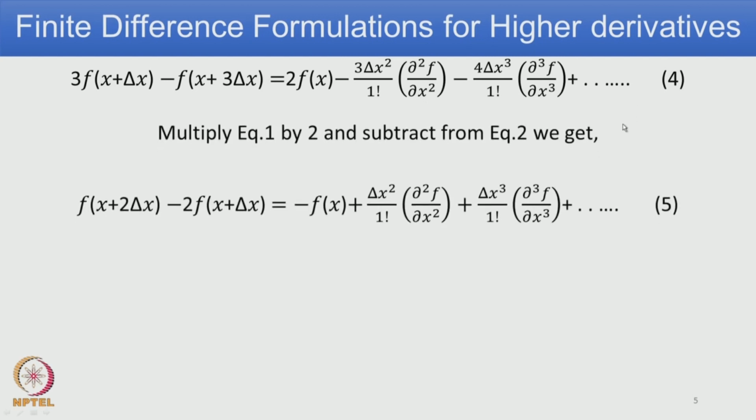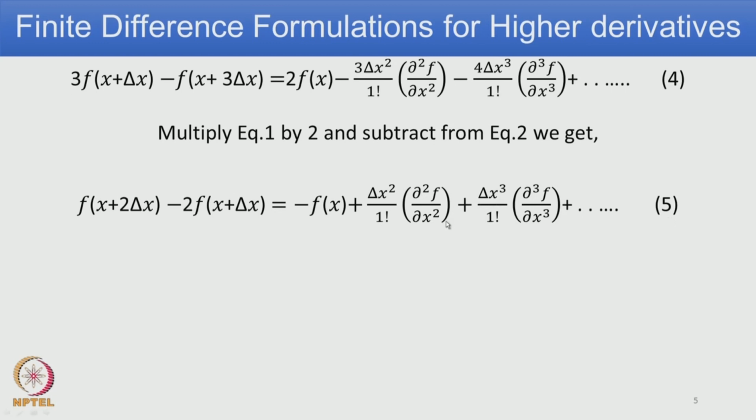We do one more operation, that is multiplying equation 1 by 2 and subtracting it from equation 2. So, we get f of x plus 2 delta x minus 2 times f of x plus delta x. This is coming from the first equation, that is why you have the coefficient 2 here. So, we said multiply equation 1 by 2. We have a term on the left hand side and the remaining terms on the right hand side, and we number this equation as 5.